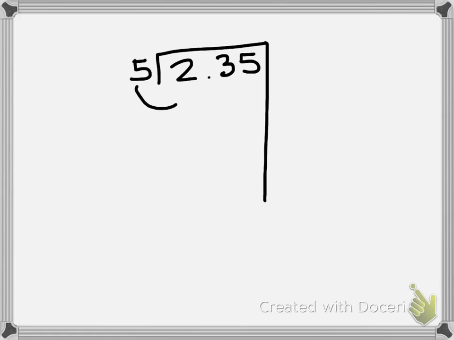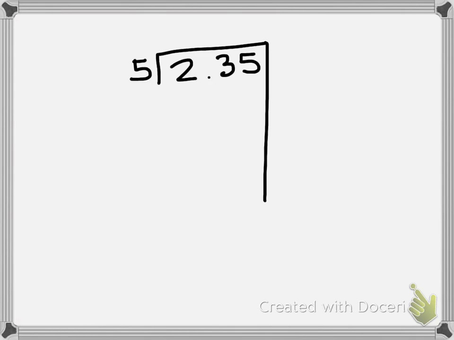You should already be thinking to yourself, it's got to be less than 1, because 5 doesn't even go into 2. We're going to treat this not as 2 and 35 hundredths, we're going to treat this as 235. In order to do that, we're just going to temporarily remove the decimal just for now. We'll put it back. Don't worry. And we're going to think of this as 5 going into 235.